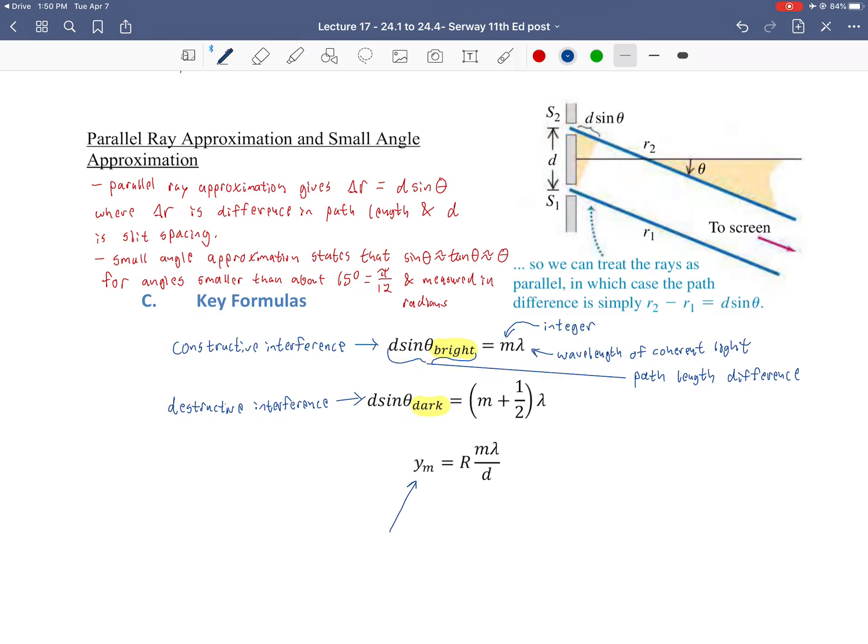The way I have it written is in terms of integer multiples. So this actually refers to both. So distance from center of screen to the mth, because it's like the 5th, the 6th, it's the mth bright spot.